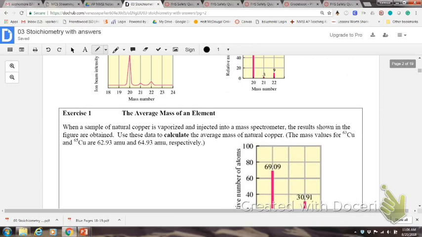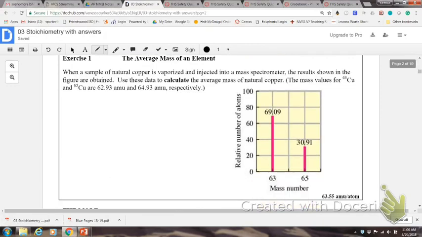Okay, so let's do this example problem. It's telling us we have the average mass of an element, and we can read this atomic spectrum. It's giving you the percentage of each mass number.